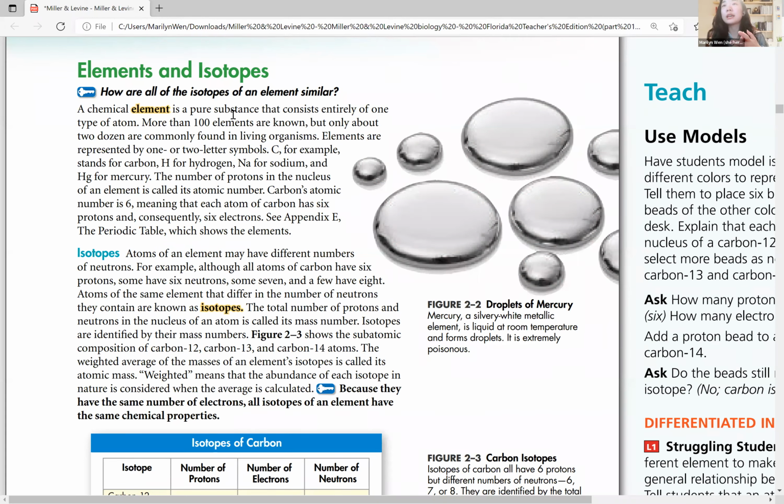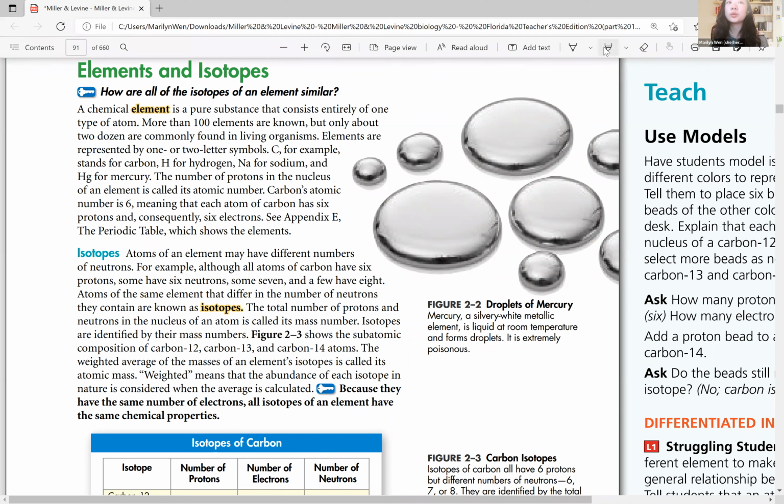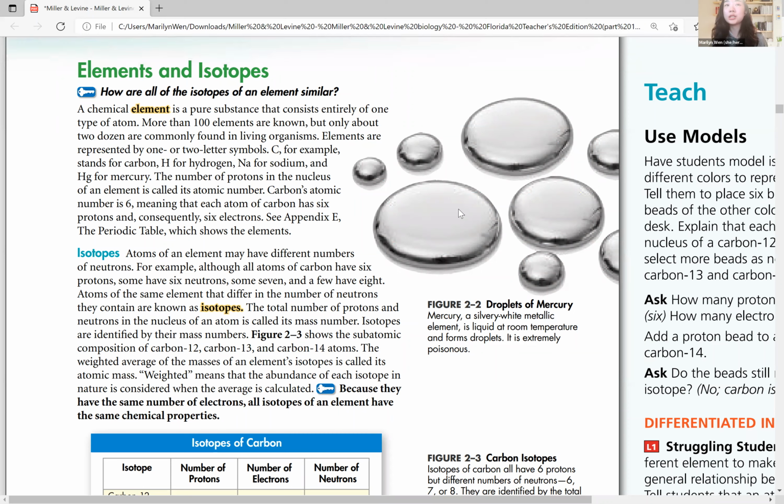Isotopes are like, say you have the same element, and one of them has fewer neutrons than another one. So they're the same element, but they weigh differently. And these two are called isotopes. It's a much harder concept to understand, so you probably need to spend some time after class to read through it. But right now, what I just explained to you is what you need to know.